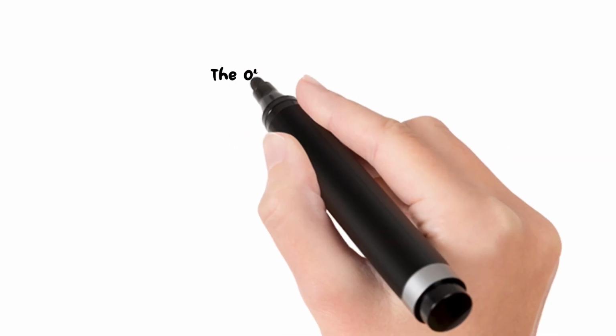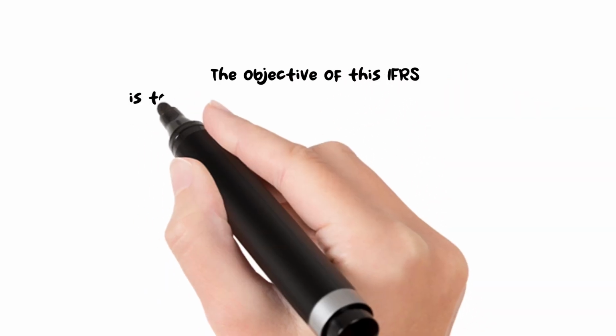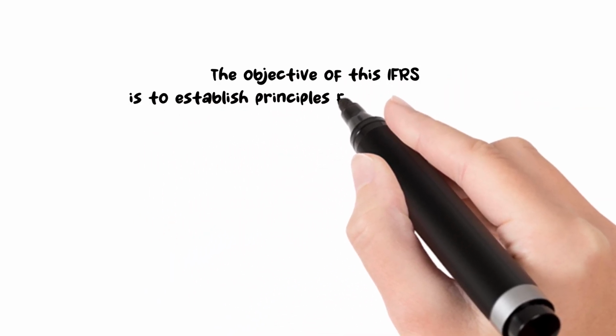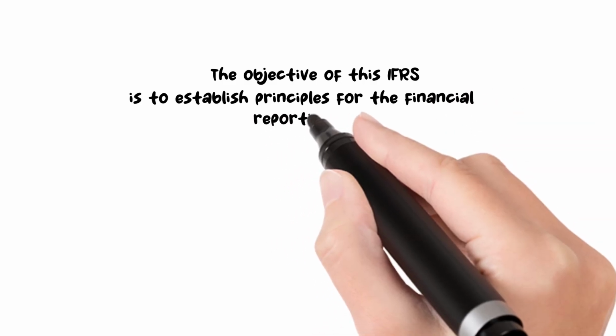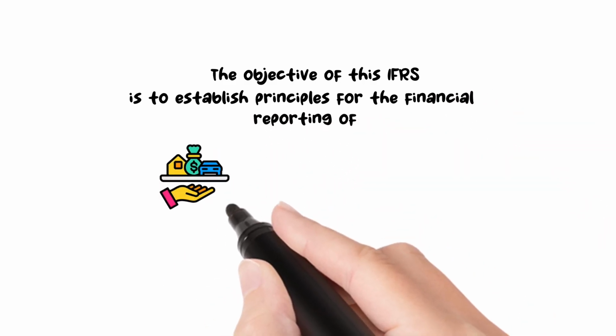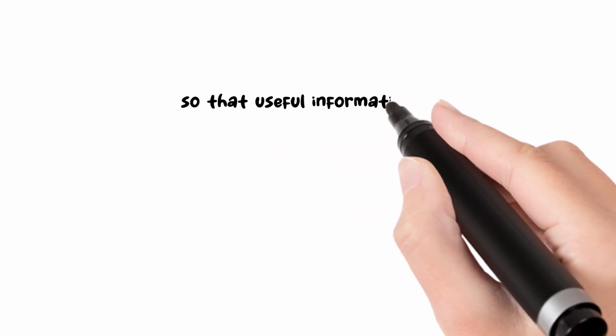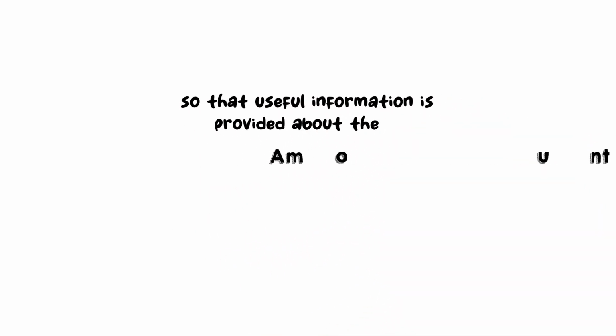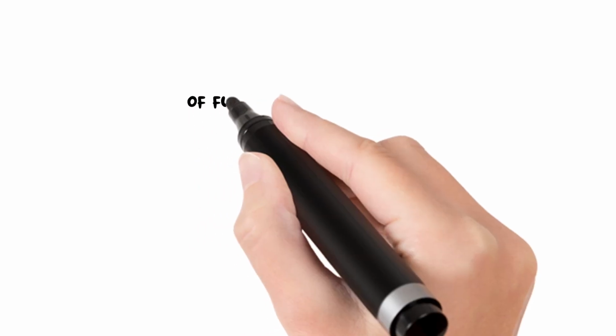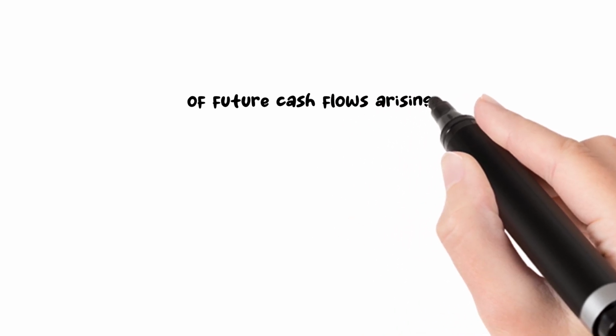Now, let's start with IFRS 9, Financial Instruments. The objective of this IFRS is to establish principles for the financial reporting of financial assets and financial liabilities, so that useful information is provided about the amount, timing, and uncertainty of future cash flows arising from financial instruments.